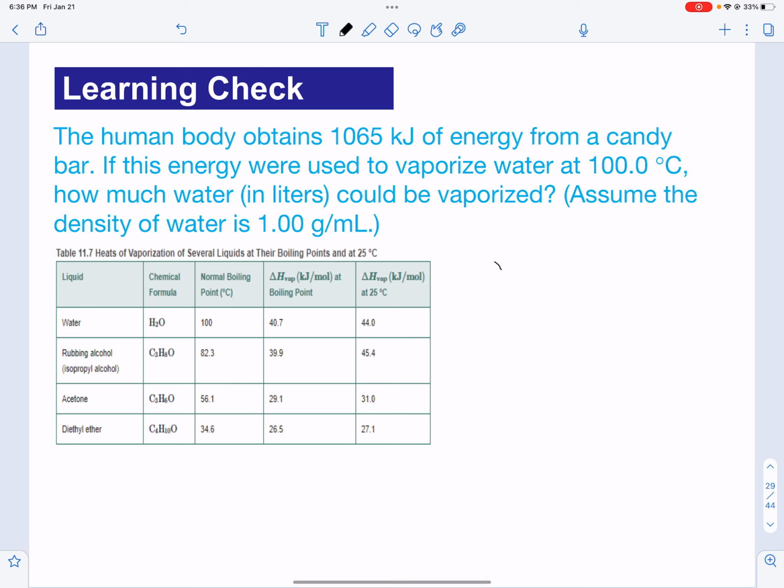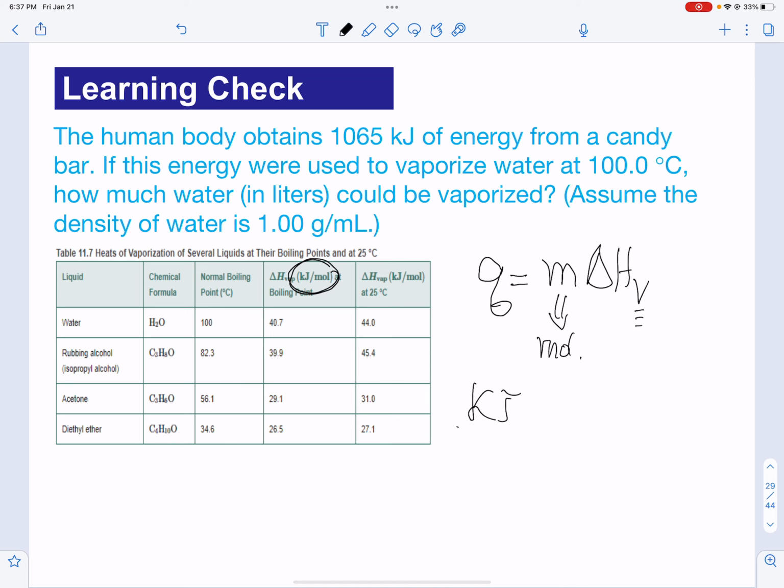The energy on a phase change is given by the amount, which could be grams or moles, times the enthalpy. In this case, we have a vaporization, which corresponds with the enthalpy of vaporization, and it is given in kilojoules per mole. Therefore, in this particular case, it's going to be moles. Sometimes you're going to see kilojoules per gram. In that case, you're going to need grams.